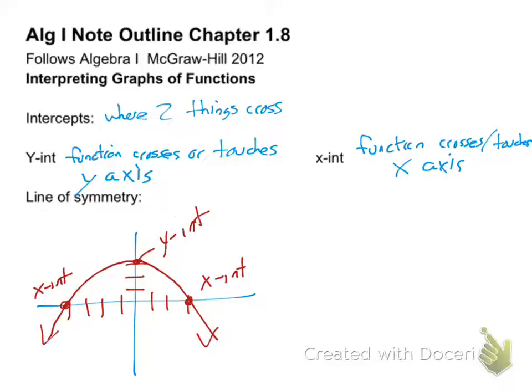Can you tell me these x and y intercepts? So let's talk about the y-intercept. What is the y-intercept? Who's got it? 0, 3. I like 0, 3 better than just 3 because it is a point. And points are made up of x, comma, y. I am not going left or right. I'm just going up 3. So therefore it's 0, 3.